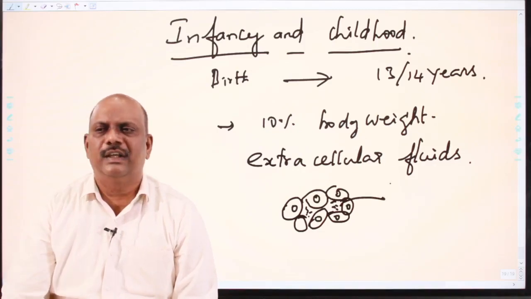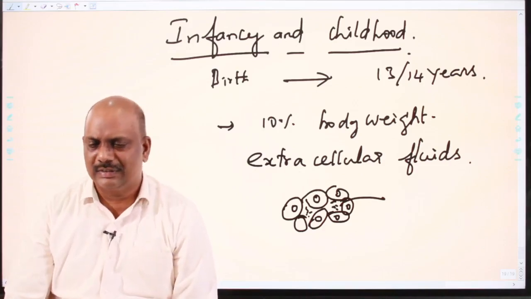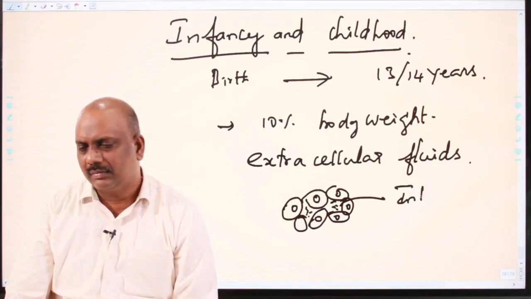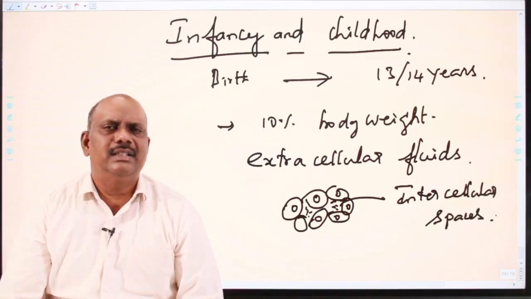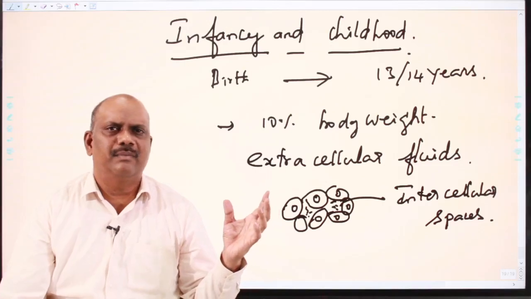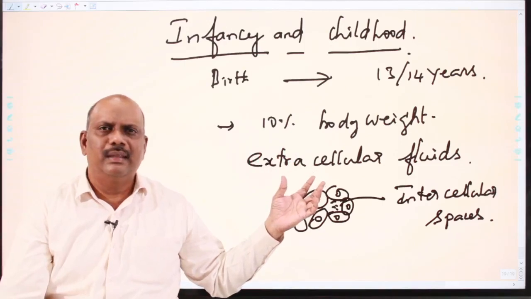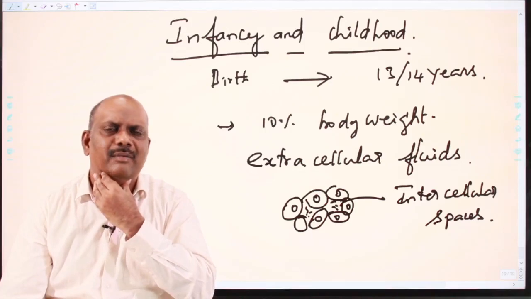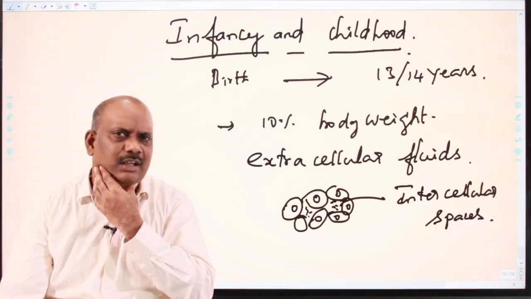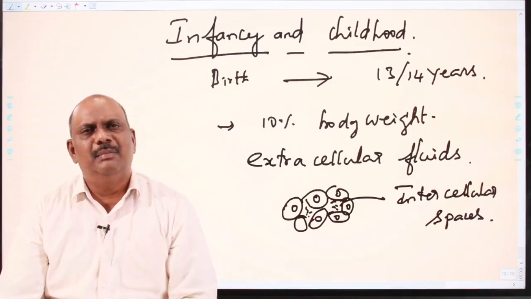These are called extracellular or intercellular spaces. These are generally filled by fluids, mostly water, which we call extracellular fluids. Immediately after coming to the outside environment, there will be a large scale loss of extracellular fluids. As a result, there will be a 10% decrease in body weight.